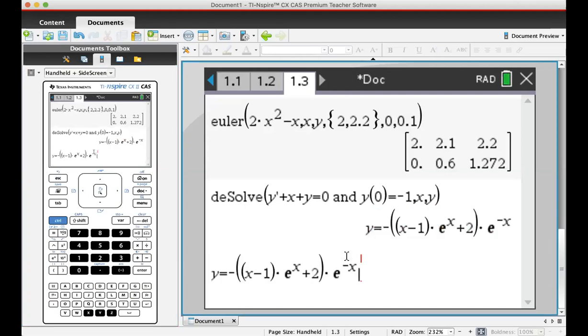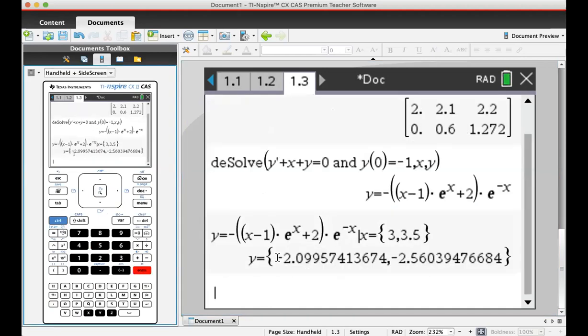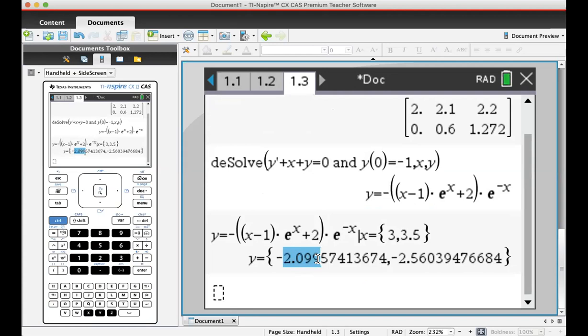Then substitute x = 3 or 3.5. Hit Control Enter. Right, -2.099, no good. It's not -1. -2.56. Okay, close enough to option B.